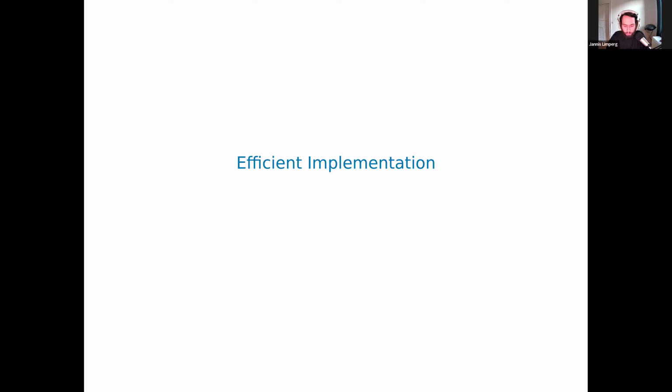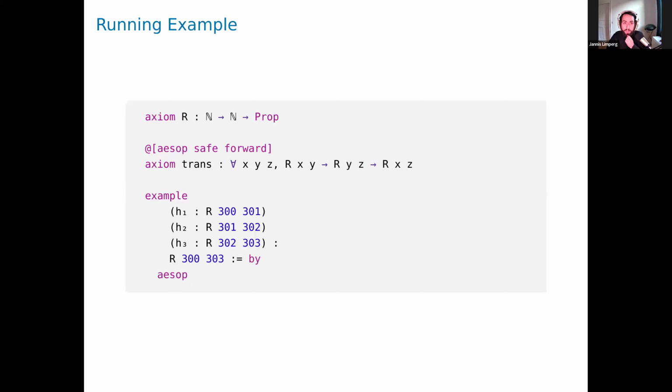But perhaps one reason it wasn't used very much is that up to very recently, it was extremely inefficient. And so possibly if people tried to use it, they might have run into performance difficulties and then stopped using it. Well, over the last year, Xavier and I have worked on a much more efficient implementation, and I'll talk about how exactly that works and what the effect of it is.